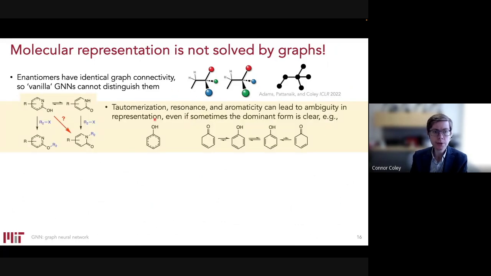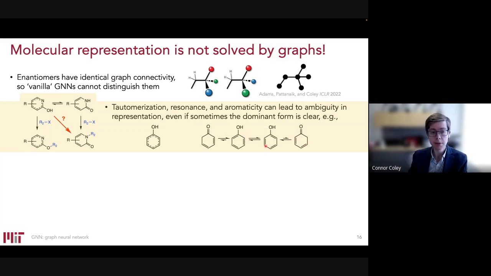Graphs also tend to define edge features based on covalent bonds. And when we think about covalent bonds, it's really an abstraction that chemists use to think about electron locations and how electrons are distributed. And so there's notions of resonant structures where molecules, we might draw them as interconverting between many different representations to capture the delocalization of electrons.